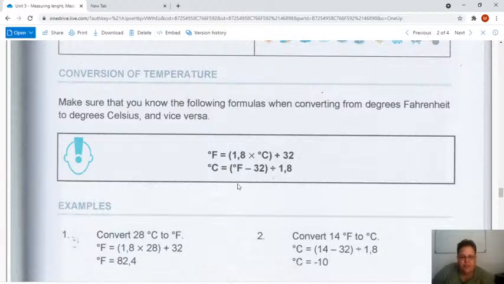This is very important in your exam. If they cover degrees Celsius and degrees Fahrenheit, you will get this question. Make sure that you know the following formulas when converting from degrees Fahrenheit to degrees Celsius and vice versa. So let me know when you have finished drawing this table.